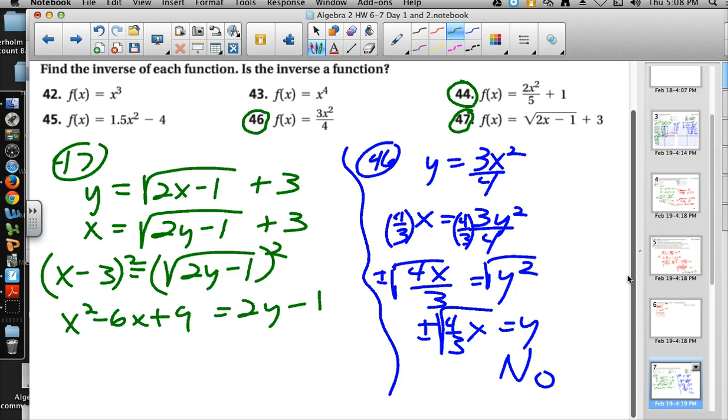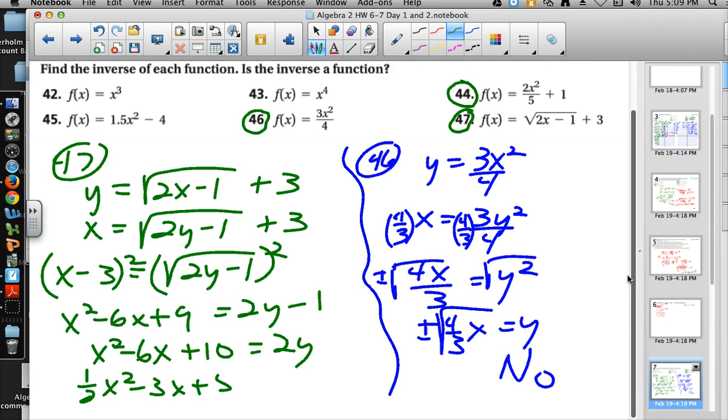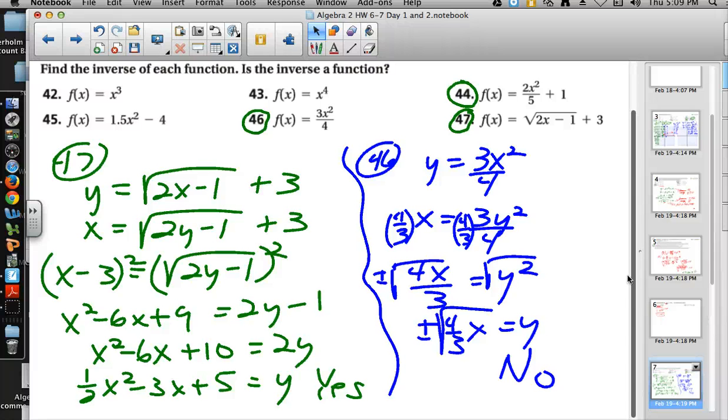So I'm going to add 1 to both sides. Smartboard is a little slow. And then divide everything by 2. And there it is. Is the inverse a function? Yes. We don't have any plus or minus pieces going on with number 47 there. So finally we have an inverse that is a function.